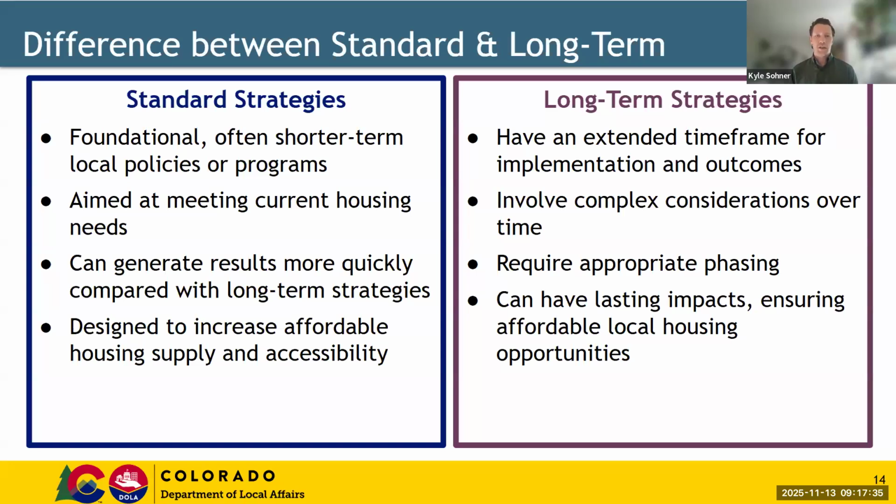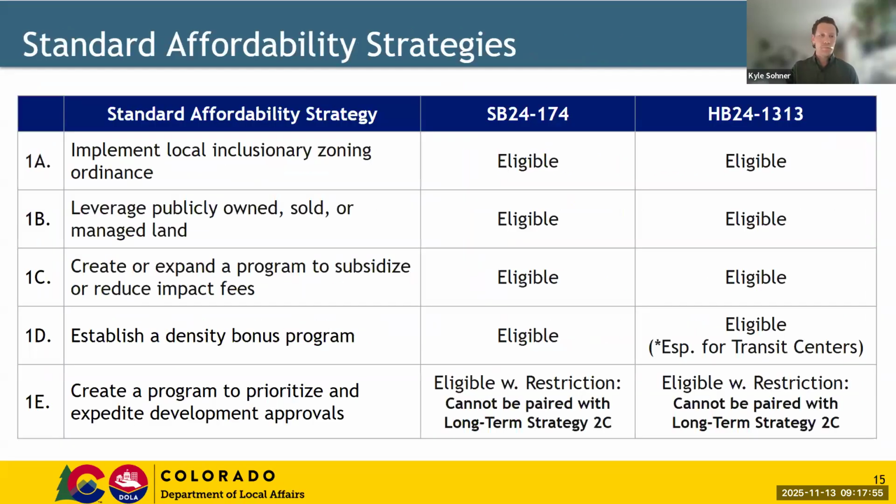Whereas the long-term strategies are a bit more extended. They may include phasing and complex decisions to really get them up and running. But we have found that they do pay dividends 5-10 years down the line once things get really well implemented and used in your community.